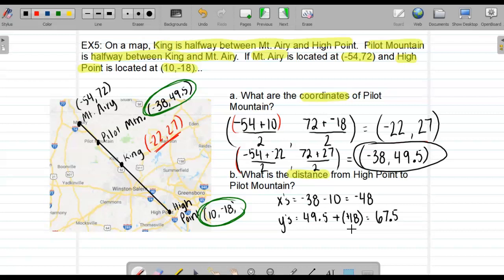So Hayden, once we get those x's and y's, what we've really done is made ourselves a right triangle. And the x's, we subtract those, it's like we got a length of 48 right here. It's like we got 67.5 right here. All right. So once we get those, what do we do with those two numbers?